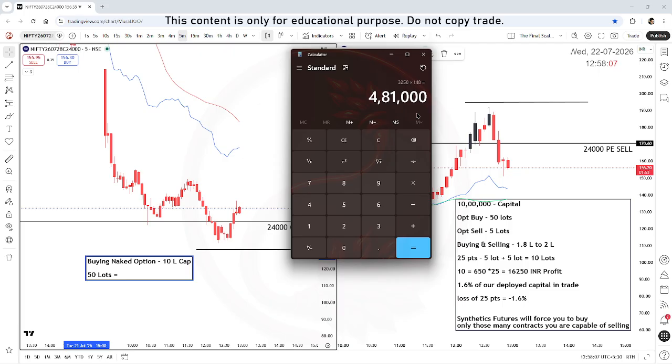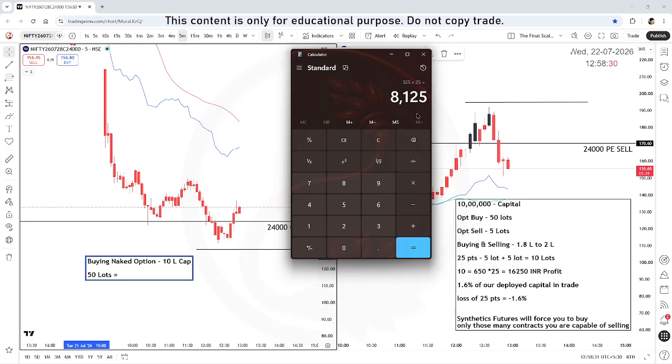Now sell it. Yes, obviously you cannot sell more than 4 or 5 lots. How much would you lose in selling? 65 into 5 into, even if I consider 25 points in loss, that will be only 8,200 rupees loss approximately, including taxes and brokerages, everything.